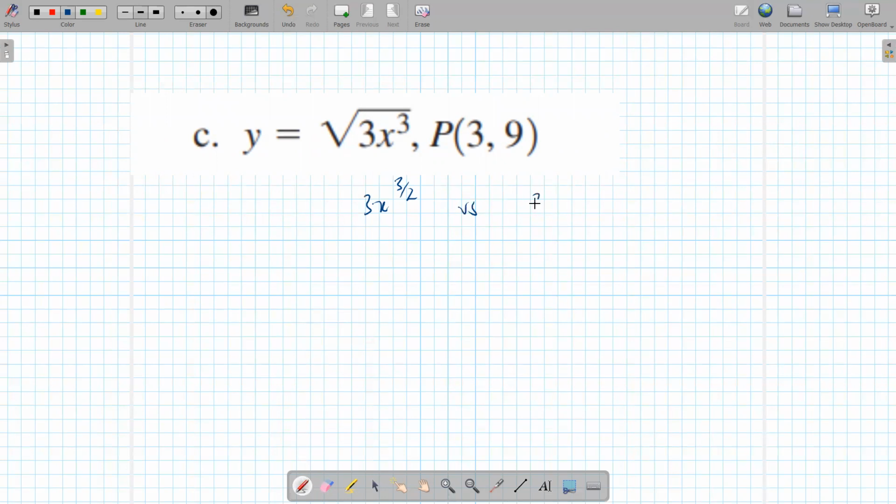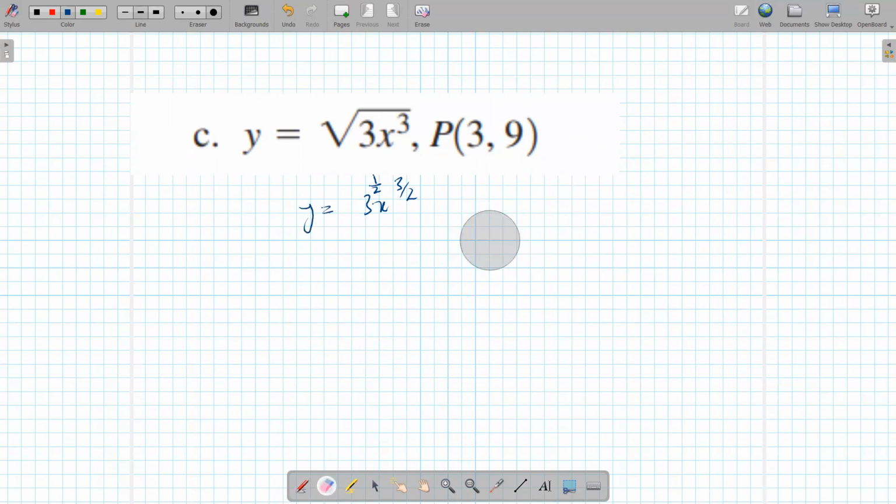This versus 3x cubed to the power of 1 over 2. And if you want to open the brackets, you can. So what you missed is the fact that the 1 over 2 exponent also applies to the 3. So it should be 3 to the power of 1 over 2 and x to the power of 3 over 2. That's our y. Okay.